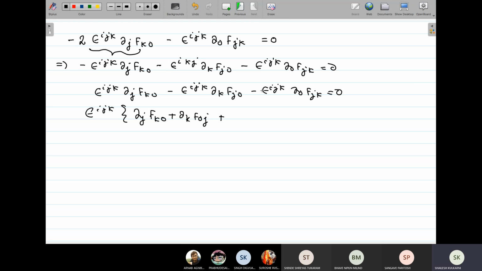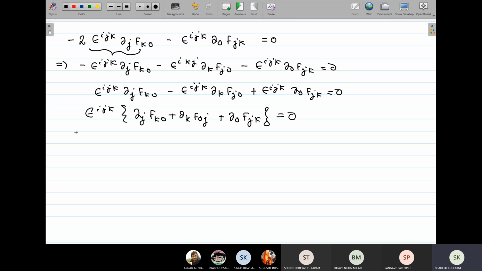I'm doing it wrong here; there should be a plus sign here. Then I used antisymmetry in the second term, so it's a minus here. So ∂_j F_k0 plus ∂_k F_0j plus ∂_0 F_jk is equal to 0. So we are near.